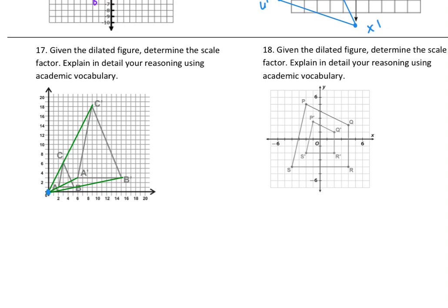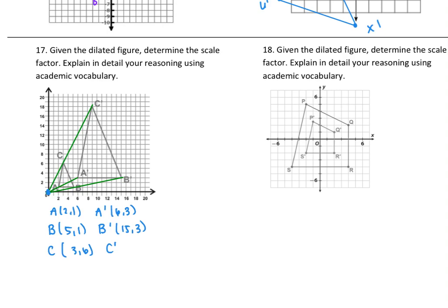which means I can use my rule of seeing what we multiplied by to get my new points to figure out what the scale factor is. So the coordinates of A is 2, 1. A prime is 6, 3. B is 5, 1. B prime is 15, 3. And then C is 3, 6.